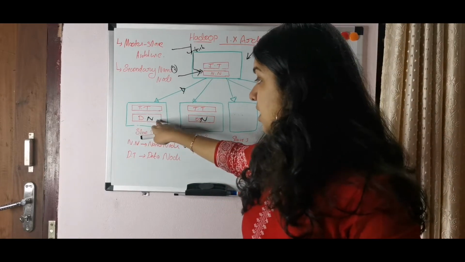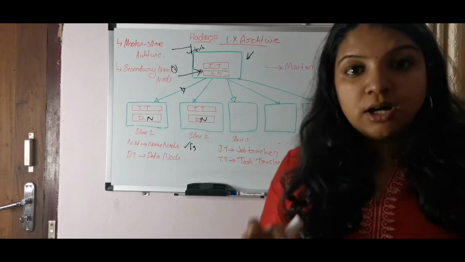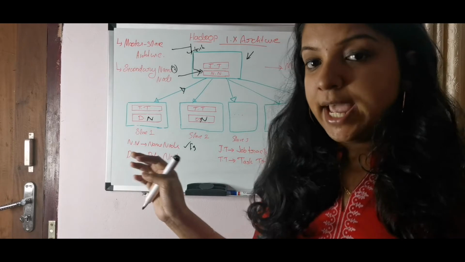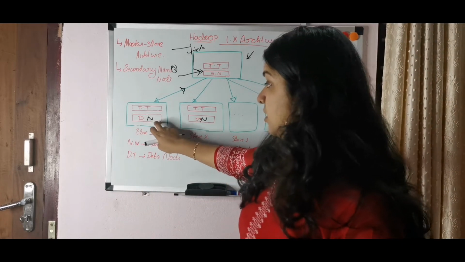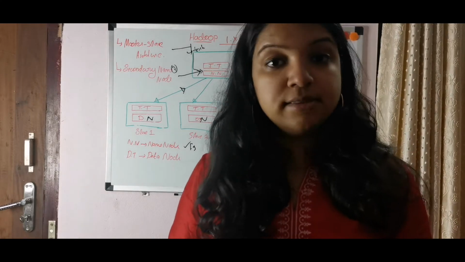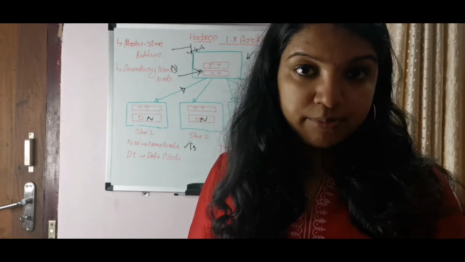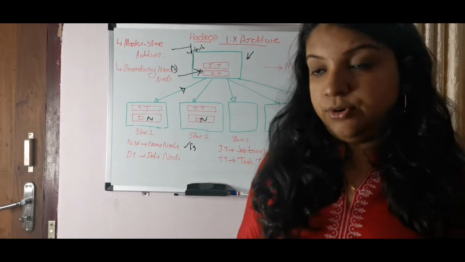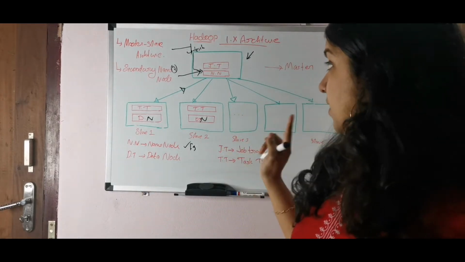And the data node is the workstation. Whatever operations we need to do are done with the help of the data node. So you need to remember: name node, secondary name node, job tracker, task tracker and data node, and the master and slave architecture.